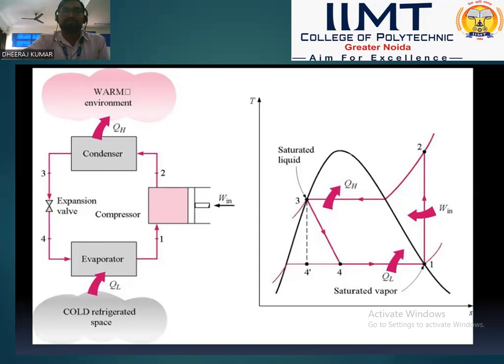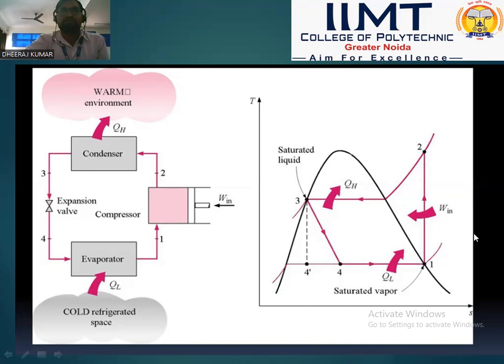Expansion process is an irreversible process, so it is represented by a dotted line. During the expansion, the pressure decreases. Low pressure and low temperature liquid refrigerant is supplied to the evaporator.